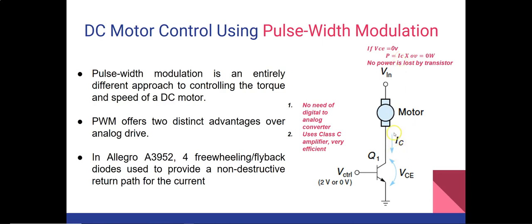I is our IC, and V is the voltage across this transistor, which is 0 volts in the second case. So you put in 0 volts and whatever IC is, and you get 0 power. What does it mean? It means that almost no power is lost by the transistor when IC current is flowing. So this is the advantage of using the class C amplifier.